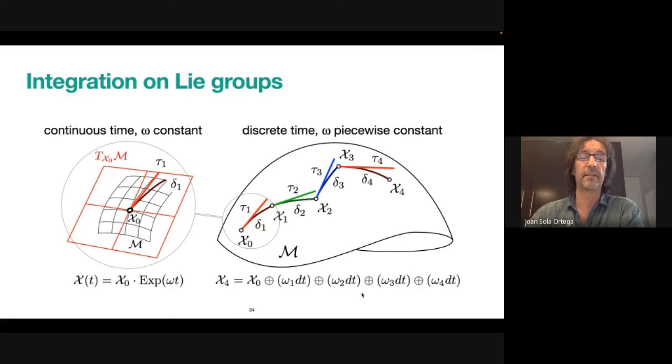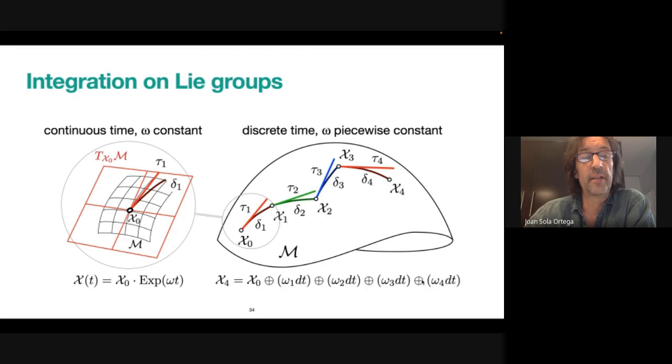Integration is the last element that I want to discuss. We have seen that if you have a point and you have a constant velocity in the tangent space, you can integrate this trajectory with the exponential map. We saw this before. And if the velocity is not constant, you just need to break it into piecewise constant bits. And now you have that this x4 is x0 plus omega 1 dt plus omega 2 dt plus omega 3 dt.